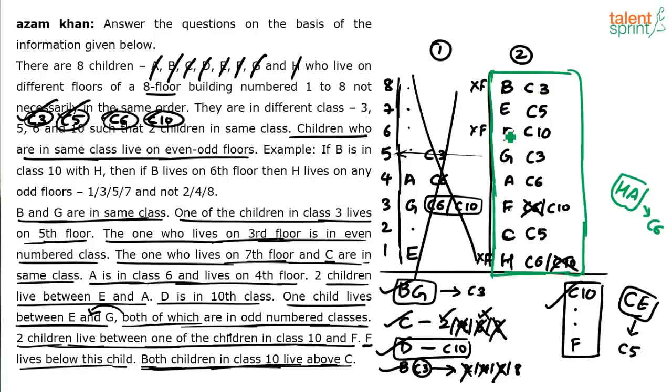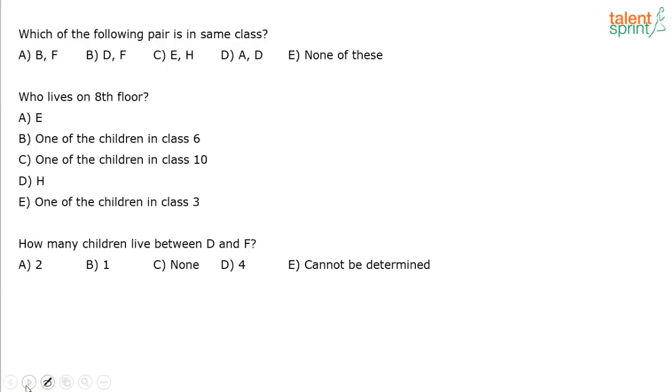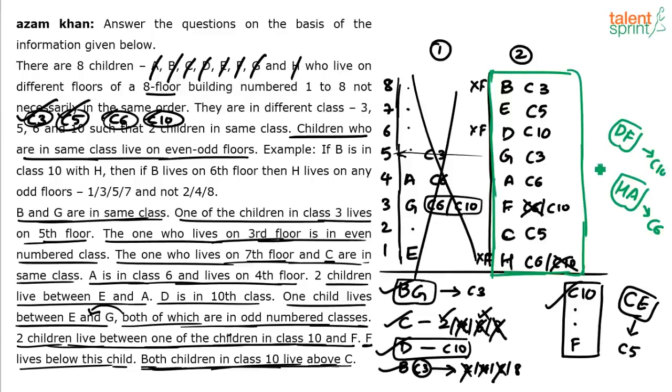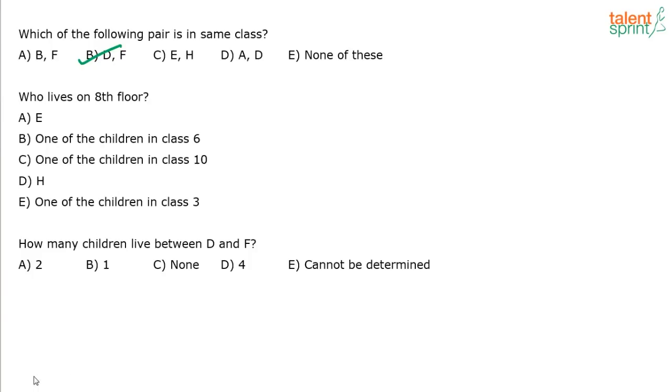And class 10, D and F. So the pairs are BG, CE, HA, DF. DF is a pair. We have got both D and F in class 10. So the first one is DF.